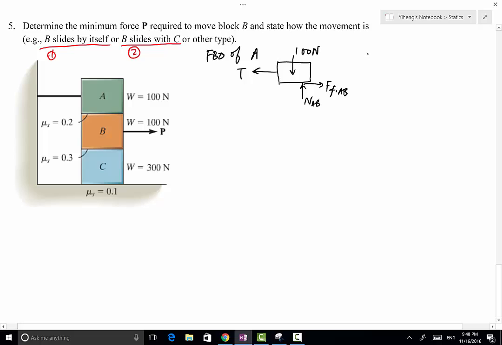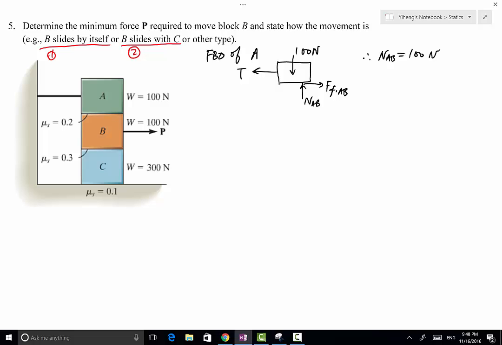So from here, we can solve for the normal force from a simple equilibrium along the vertical direction to be 100 Newton. And because block B must slide under A, there's no other type of motion possible between A and B. Therefore, sliding will occur.